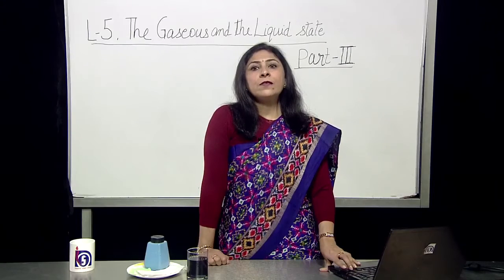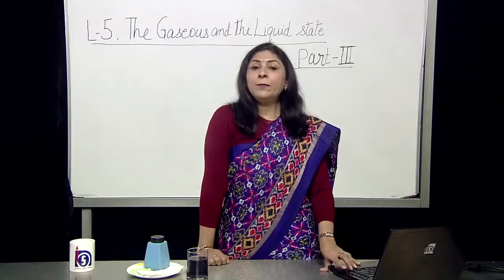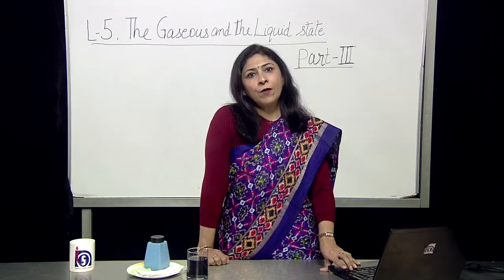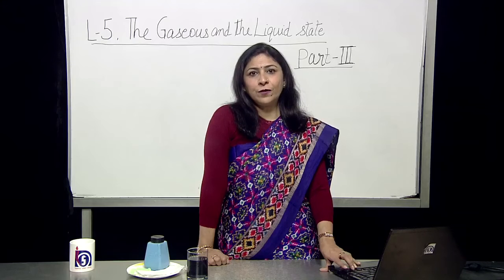These molecules exert certain pressure over the surface of the liquid. The pressure applied by the vapor on the liquid surface is known as the vapor pressure. So, the pressure exerted by vapors above the liquid surface when these are in equilibrium with the liquid at a given temperature is known as vapor pressure of the liquid.